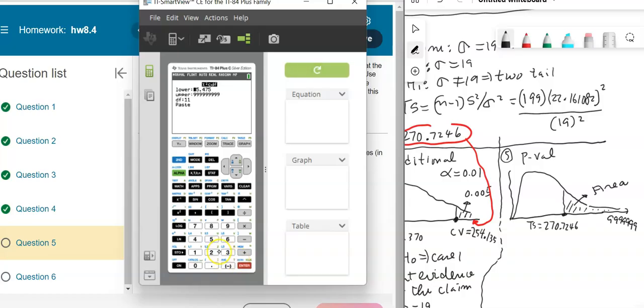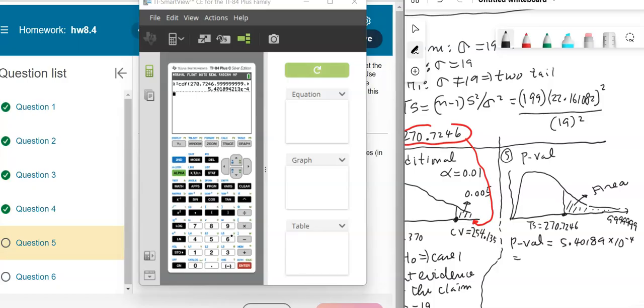Now, what is the lower? 270.7246. And then I got already a lot of 9s there. What is the degree of freedom? 199. And hit enter one more time, you get the p-value, a very small area, 5.40189 times 10 to the negative 4.